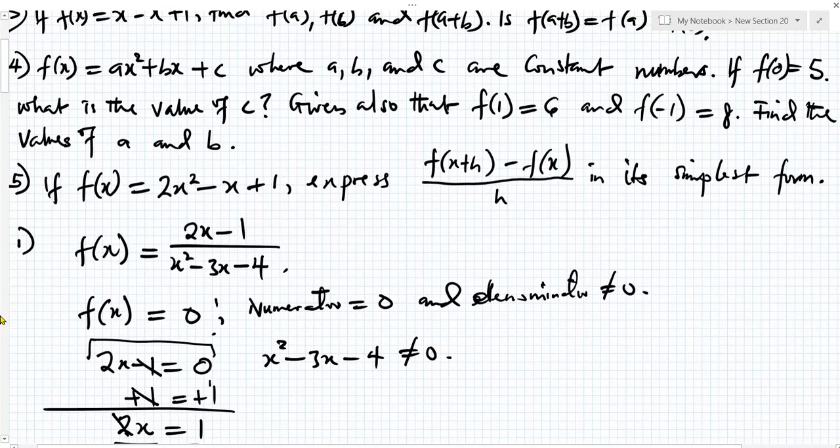Then number 5 is the final question. If f of x is equal to 2x squared minus x plus 1, express f of x plus h minus f of x all divided by h in its simplest form.